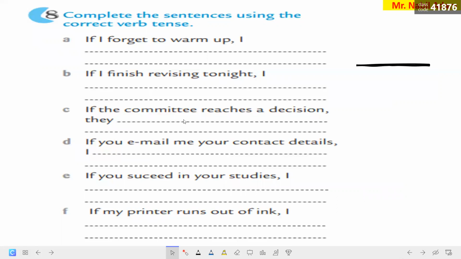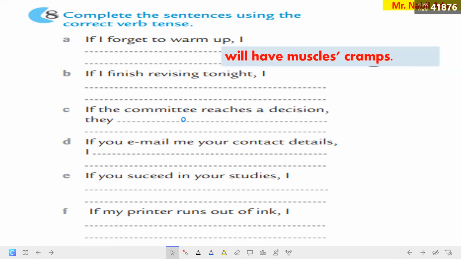Now, complete the sentence using the correct verb tense. So you are going to complete according to the if conditional. Is it first conditional, zero conditional, or second conditional? You have to complete with the correct meaning and the correct tense. If I forget to warm up, what do you do?